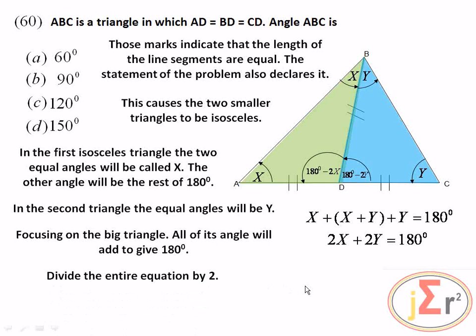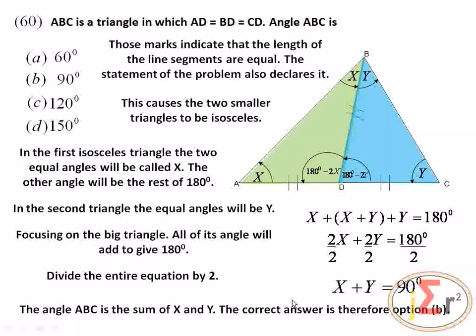equal to 180 degrees. Divide the entire equation by 2. That is acceptable. Dividing or multiplying an equation by a single number does not change its value. So we have 2x divided by 2, 2y divided by 2, and 180 divided by 2. We have x plus y is equal to 90 degrees.